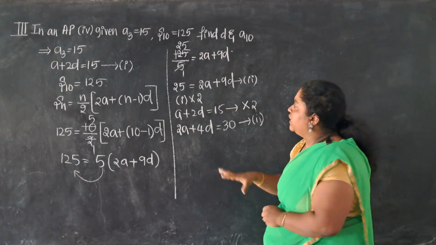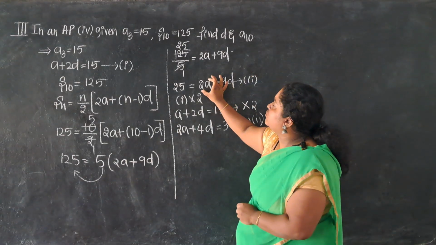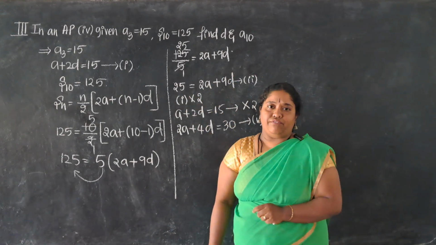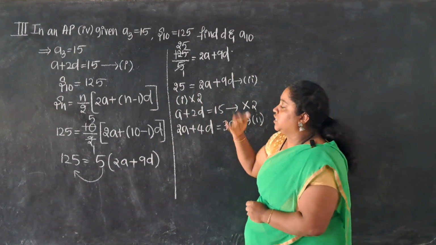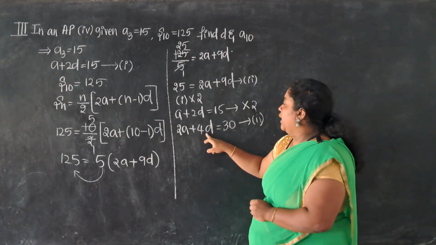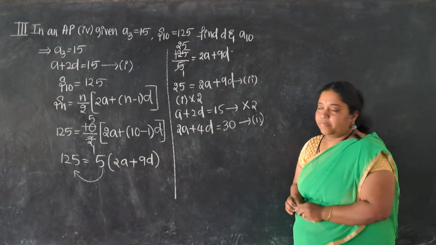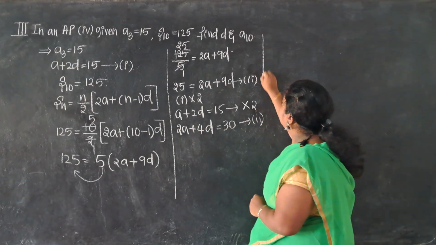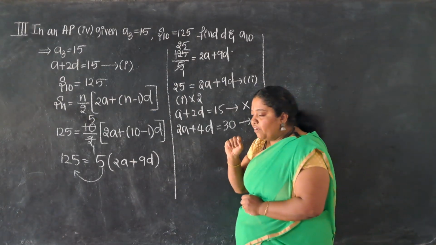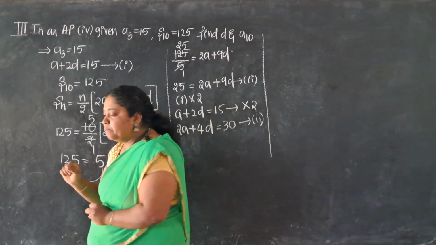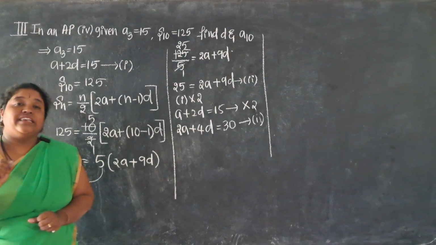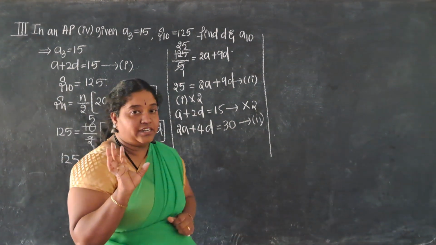Understanding? Now, see here, the second equation is 2A plus 9D equal to 25. And the first equation turned out to be modified to 2A plus 4D is equal to 30. Now, condition number 2: if the variables having the same coefficient have the same sign, then I have to go for subtraction.